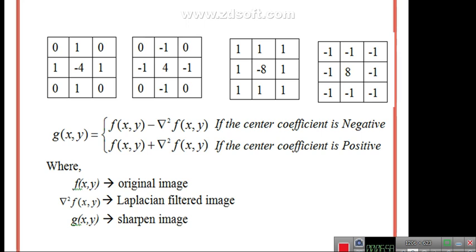If the center coefficient is negative, it is f of x comma y minus del squared f of x comma y. Del squared f of x comma y is the Laplacian filtered image. It is subtracted from the original image when the center coefficient is negative. Otherwise, the Laplacian filtered image is added to the original image if the center coefficient is positive. So this is the way we can get the sharpened image.